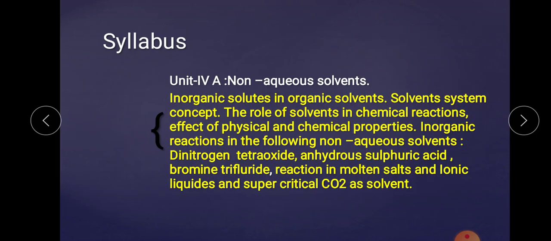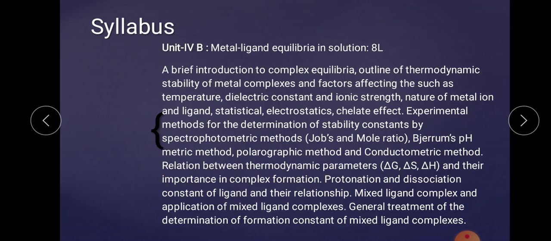This is the Unit 4 A part, which has been concluded in the previous lectures. From this lecture we are dealing with the metal ligand equilibria in solution. This is the overall syllabus of the Unit 4 B part of metal ligand equilibria in solution.